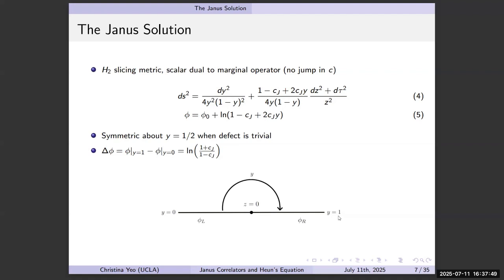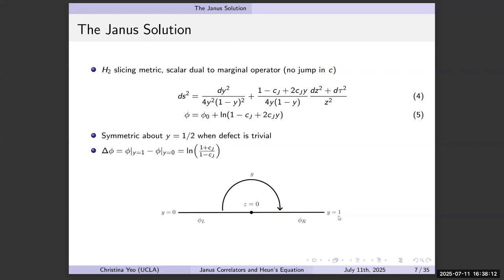And then this is the dilaton value, and the dilaton value will jump this much across the defect. When we have a trivial defect, of course, there is no jump in the dilaton. When we reach extremal values for this c_J, plus or minus 1, then the spacetime becomes singular. But for the purposes of our talk, we're going to keep c_J very small.